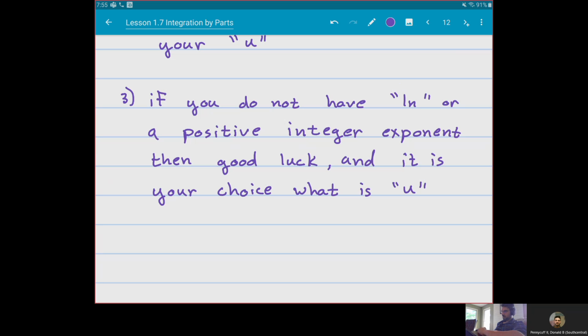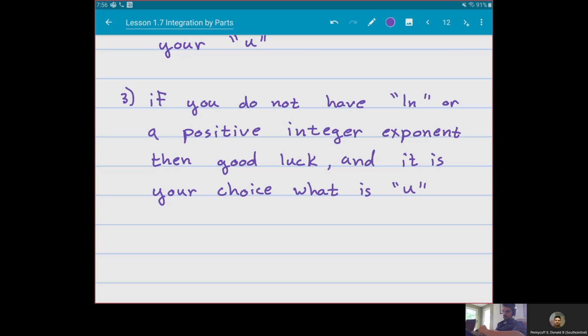You are talking about sine and cosine to a power, or you're talking about sine of something, you're talking about e to a power, or you're talking about x raised to a power. Those are the classical solutions to differential equations. You are not talking about some contrived situation that you could come up with to prove me wrong on these general guidelines. These are general guidelines. They are not set in stone.